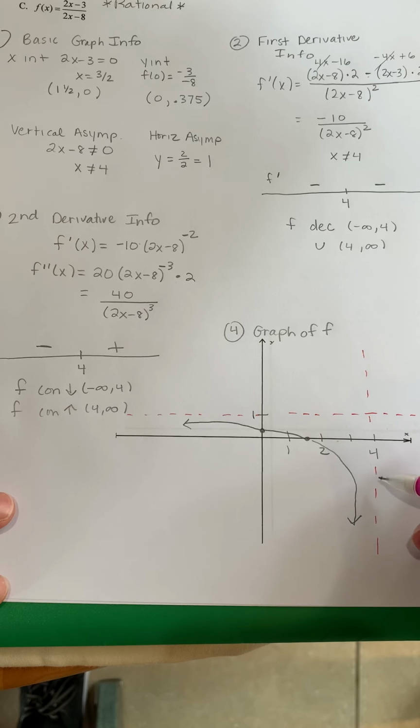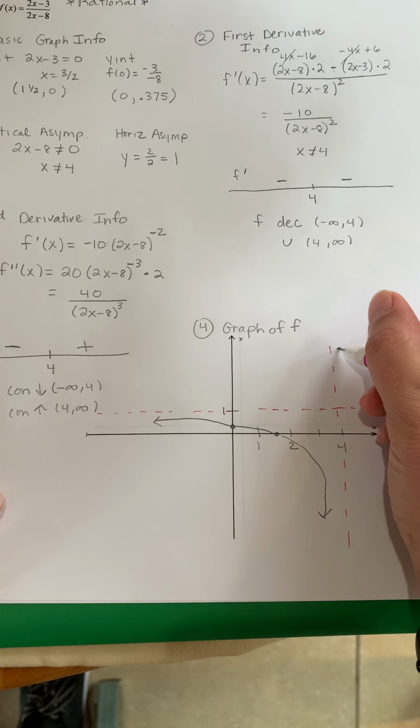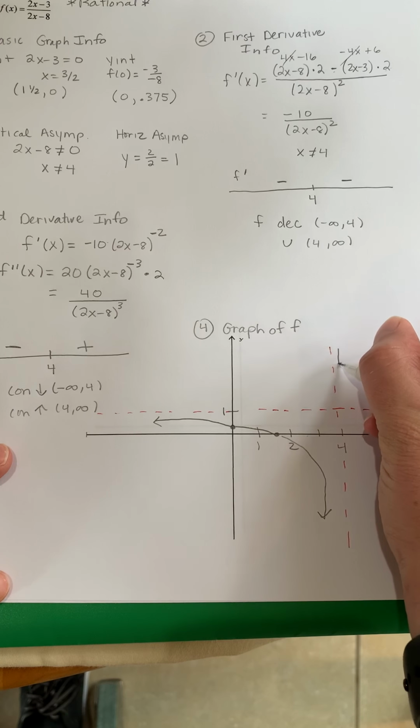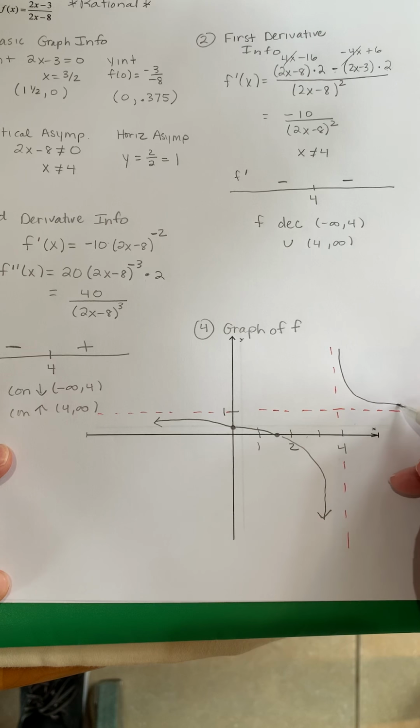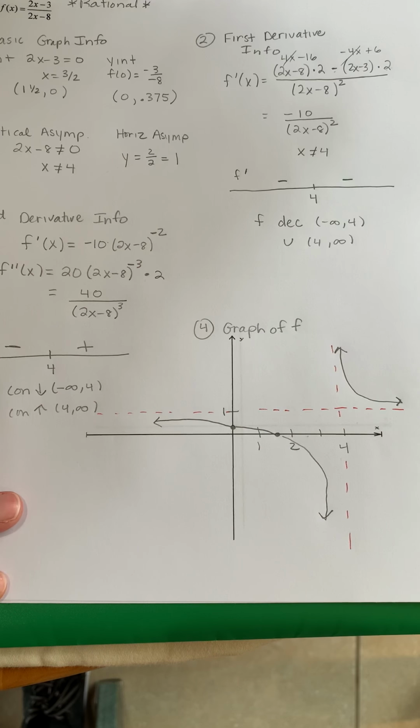So we know that we are not going to be drawing down in this section because this would be an increasing function. So we want it to be decreasing, and then we want to be concave up. So here would be the section we're looking for. There's a decreasing piece, and then we drew it concave up. And that completes this problem.